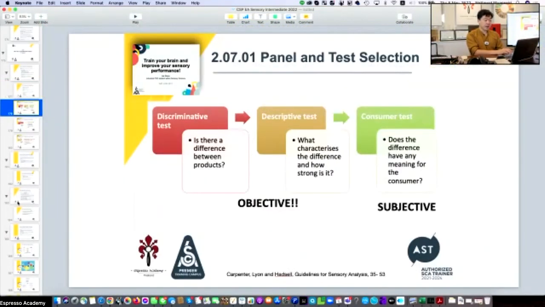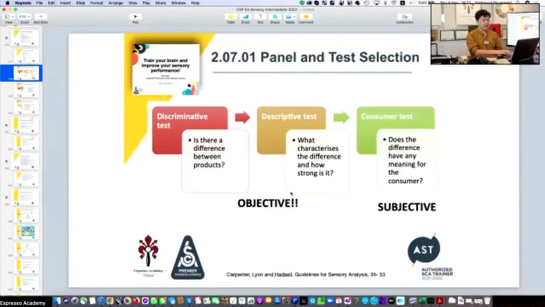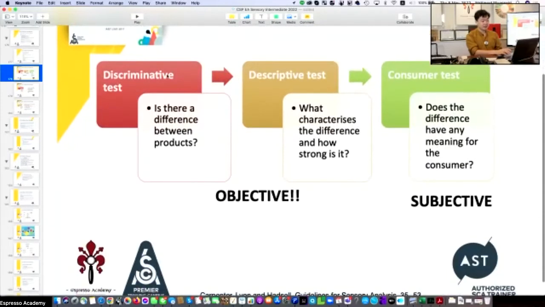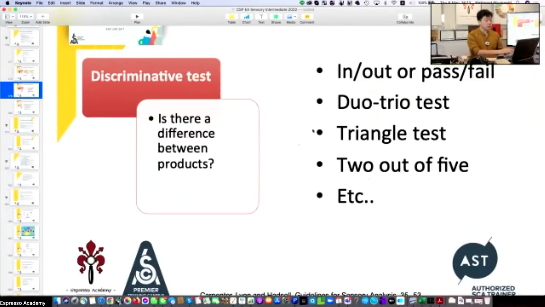If you want to practice, you have to understand that among the different tests, discriminative is very objective, descriptive is also very objective, but consumer is very subjective. Do you like it or don't you like it? That is really based on personal preference. But descriptive is very important to do.